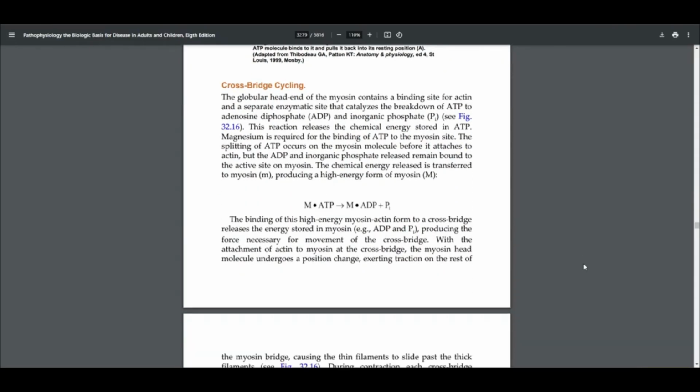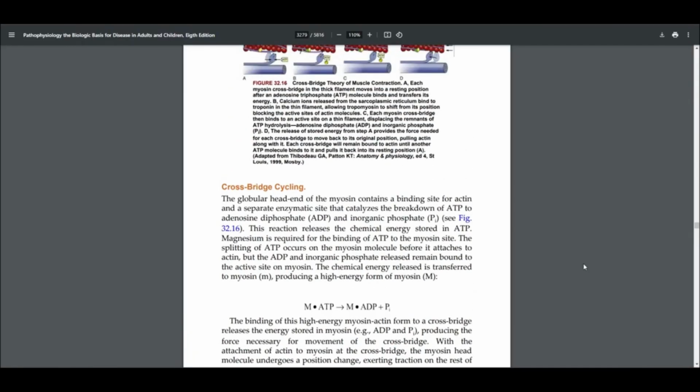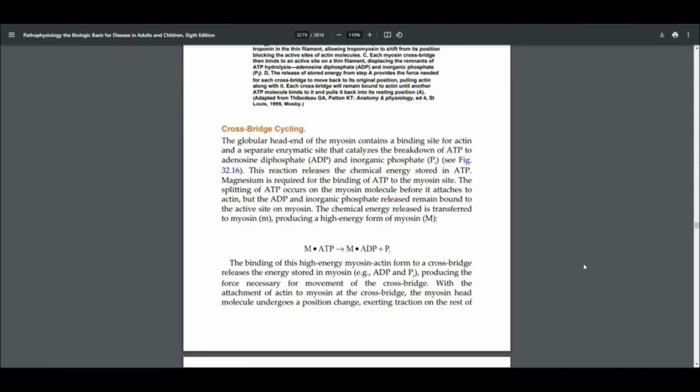So, looking at that cross-bridge cycle in closer detail, the globular head end of the myosin contains a binding site for actin and a separate enzymatic site that catalyzes the breakdown of ATP to adenosine diphosphate, or ADP, and inorganic phosphate, P, which is that figure I think we just looked at. Let's verify. It is.